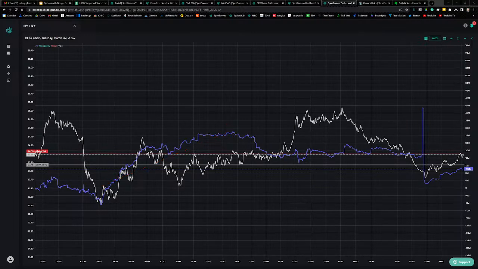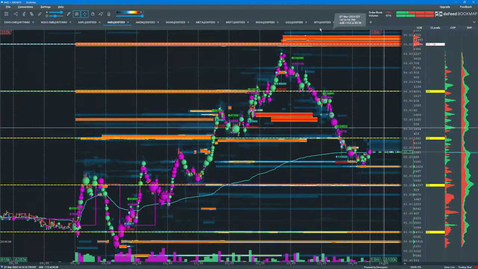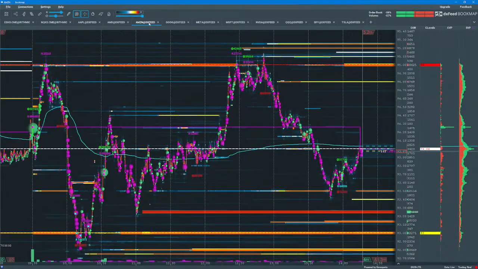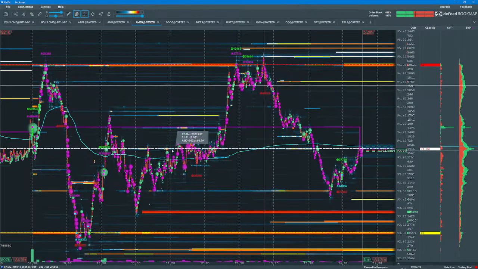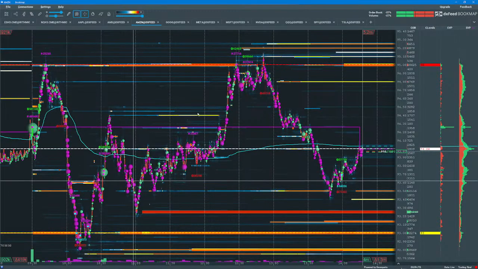Let's go take a look at Bookmap. All right, so there's the Amazon long in the morning.